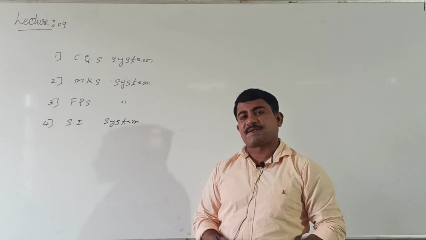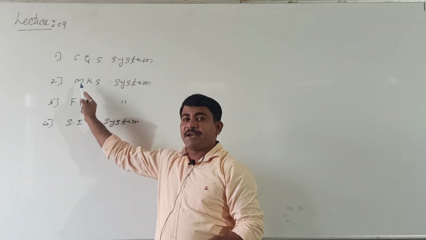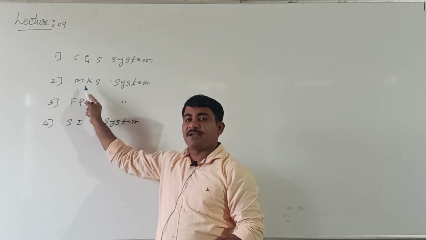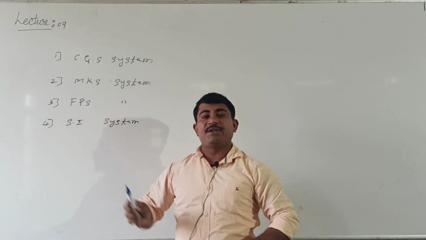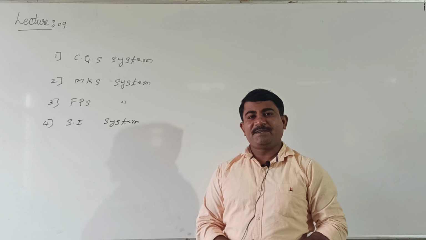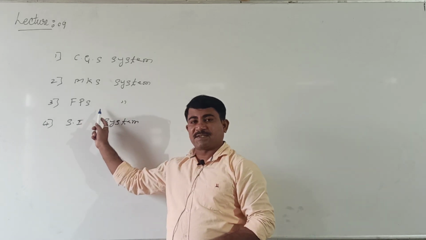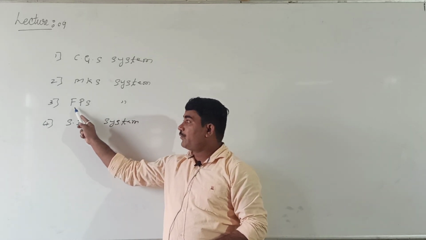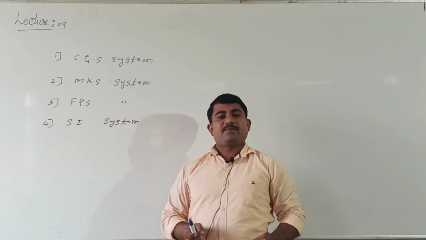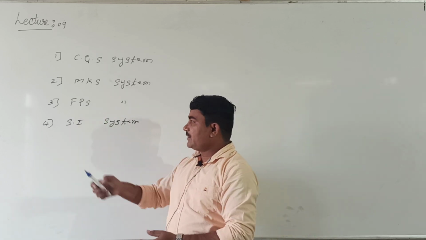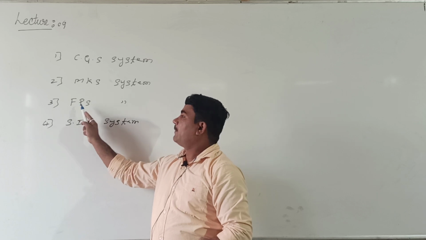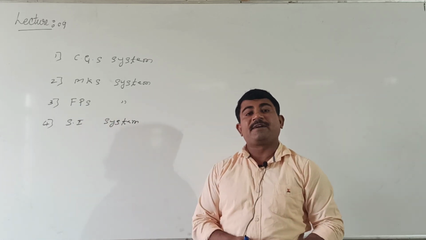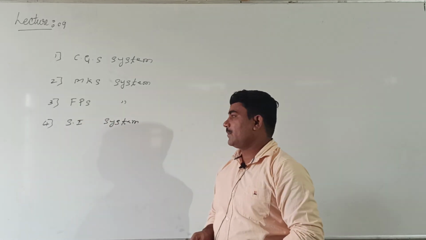Length is measured in meter, mass is measured in kilogram, time is measured in second. Right? In FES system, FES means foot pound second. I mean length is measured in foot, mass is measured in pound and time is measured in second.